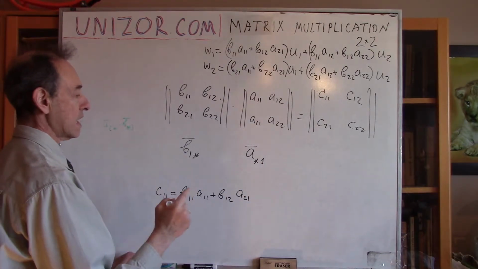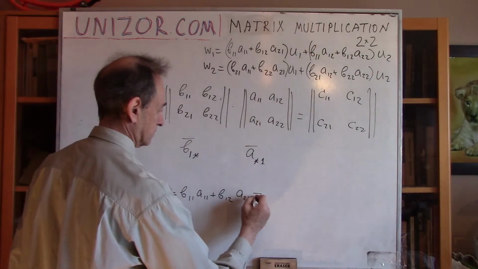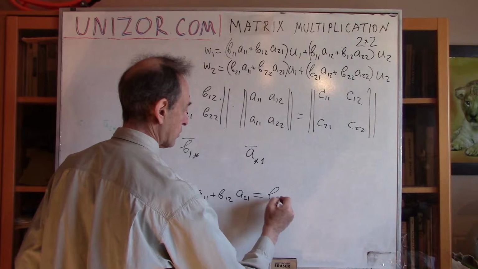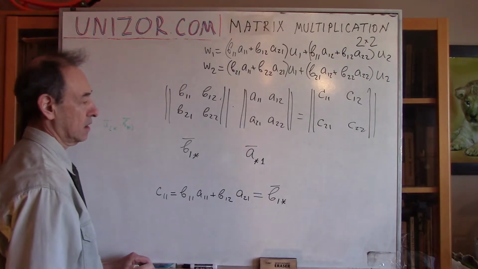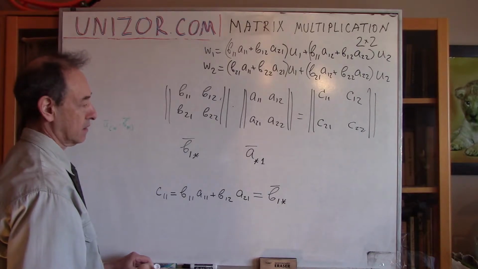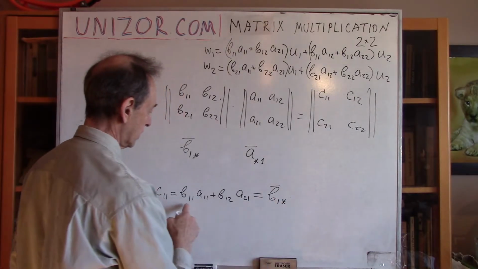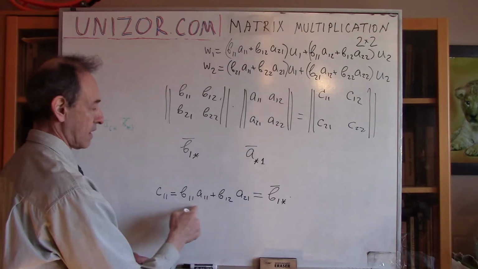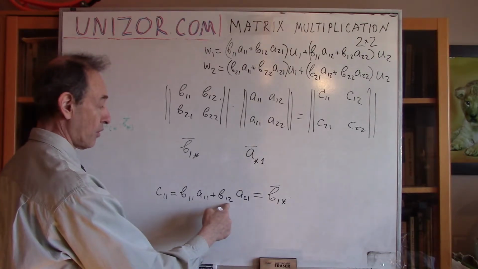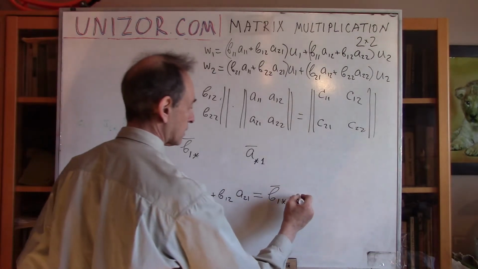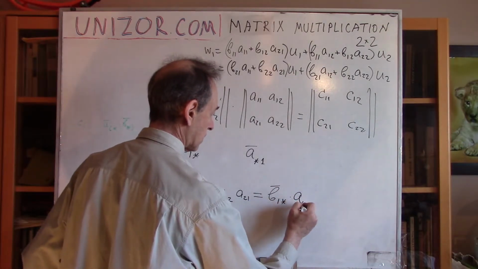So what I can say is the following: this is equal to b1 asterisk, which is the first row vector, scalar product, because this looks like a scalar product of two vectors, right? b11 and b12 are components of one vector, and a11 and a21 are components of another vector. Which one? This vector.